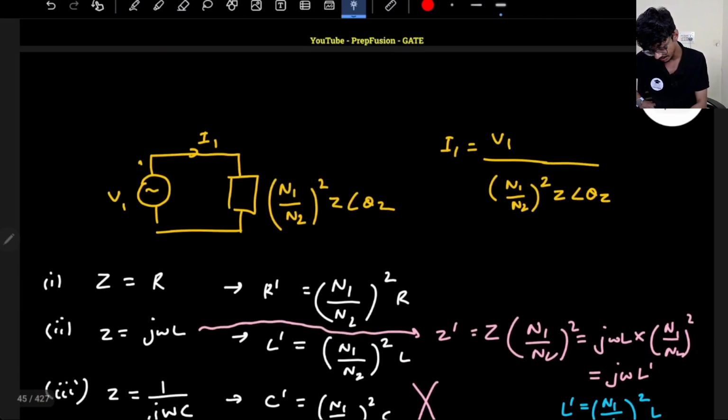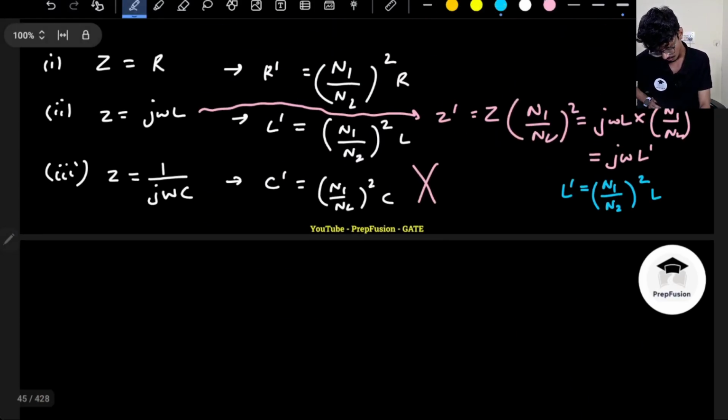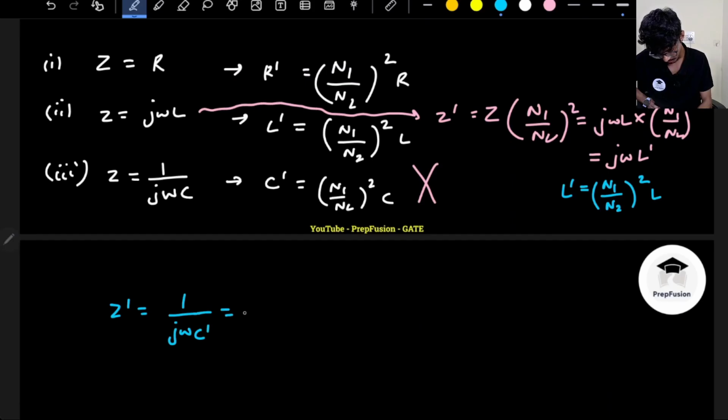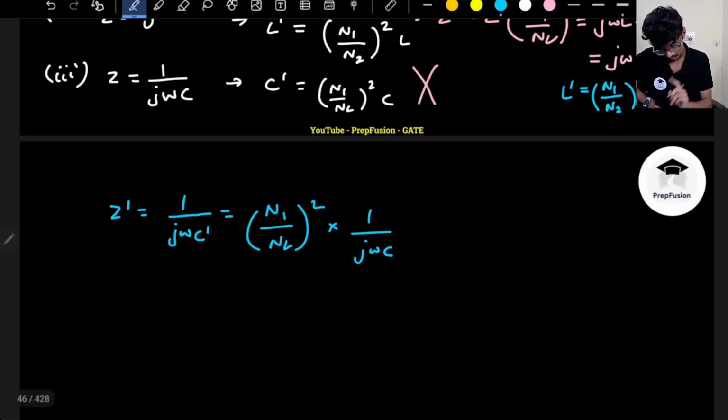So for a capacitor, my referred impedance will be an equivalent capacitance only, that is 1 by j omega C dash. That will be equal to N1 divided by N2 whole square into the actual impedance, which was 1 by j omega C, that is into Z only. So Z is 1 by j omega C, on the secondary side.